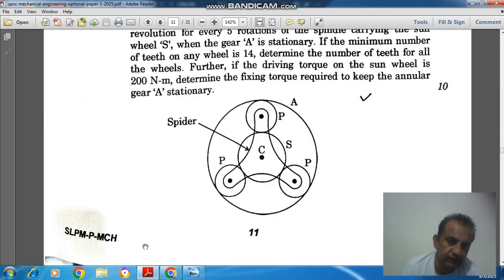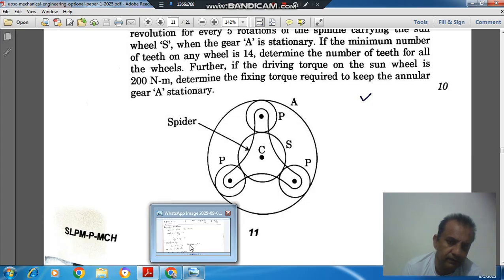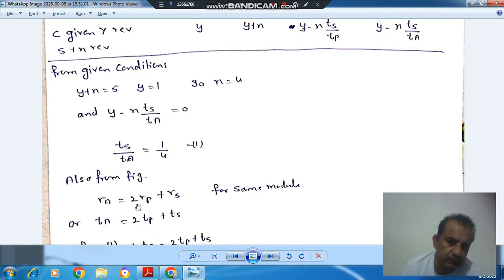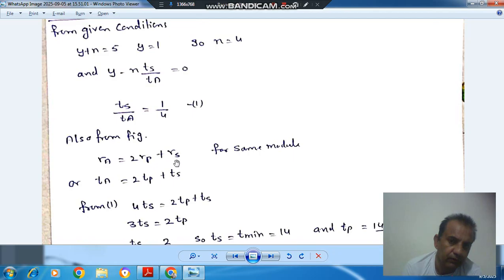Okay. So now from the figure you can see that radius of A is equal to diameter of P plus radius of S, or you can say radius of A is equal to 2 into radius of P plus RS. If we keep the module same, we can change this radius into number of teeth, because module will cancel out.